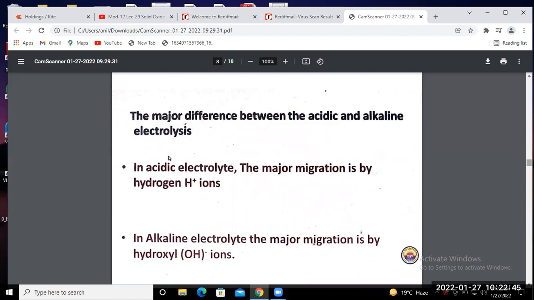So this is the difference between acidic and alkaline electrolysis, and you have to consider the H plus ion and the hydroxyl ion, that means OH minus.